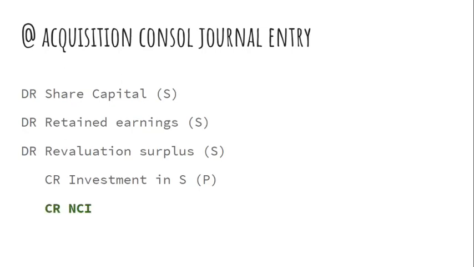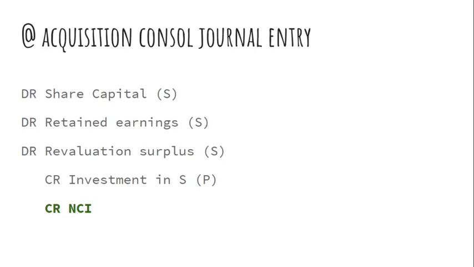A further objective of the at acquisition consolidation journal entry is to recognize new items in the consolidated financial statements that's not recognized in your starting point, being the separate financial statements of P or S. And the first example is your non-controlling interest.